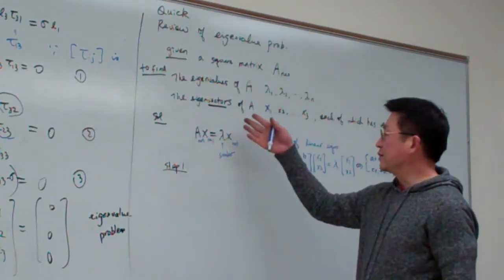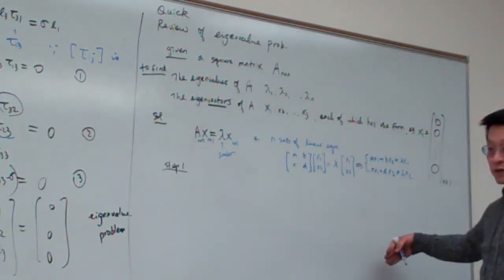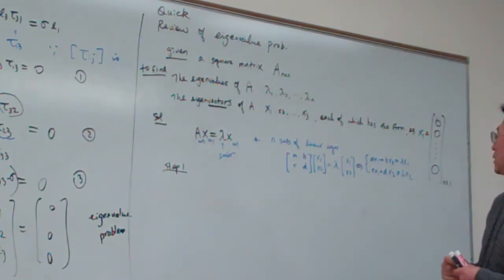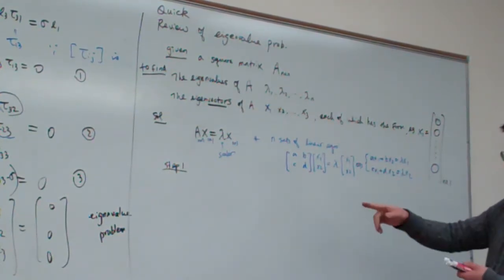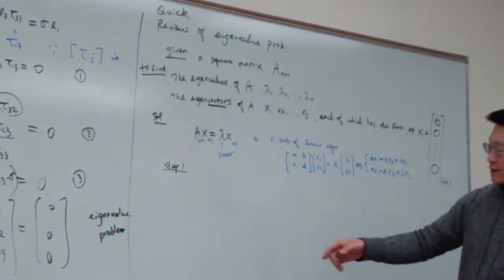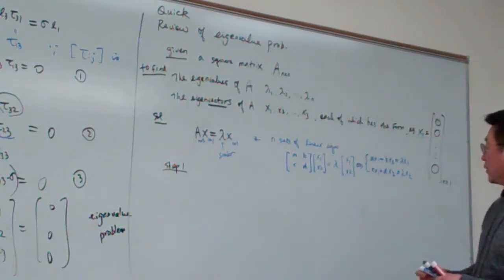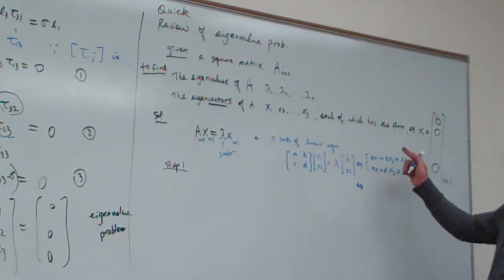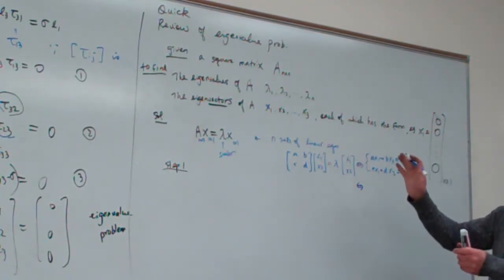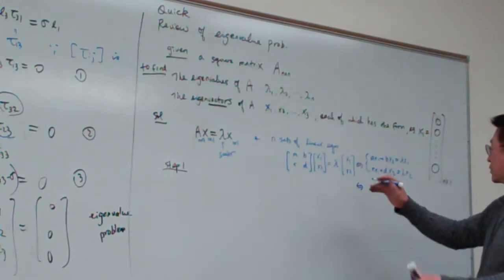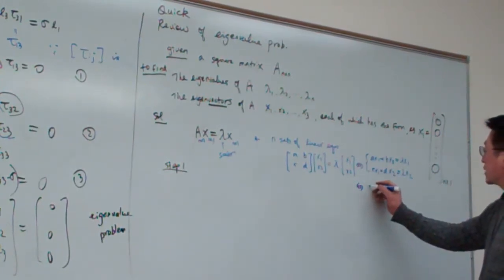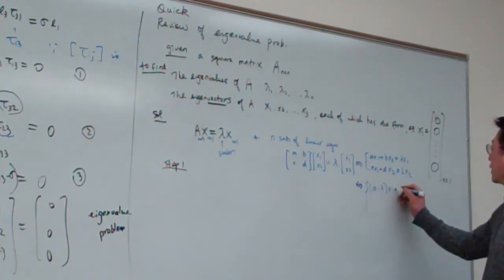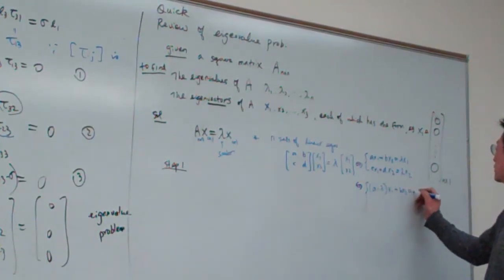If we expand it in general, there are so many terms, and it gets even longer. This example will help us to understand, so I'm going to write out step 1. Let me rearrange this one, moving everything to the left-hand side. The first equation becomes a minus lambda, x1 plus bx2 equal to 0.